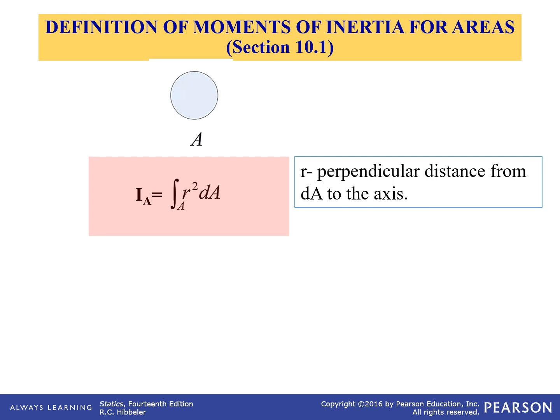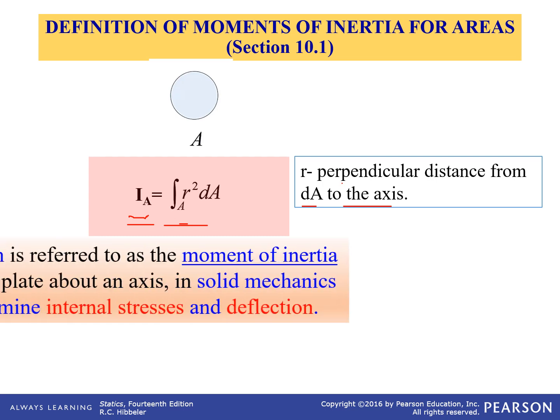Let's take a look at this definition. Again, I sub A means the area moment of inertia, or the moment of inertia of area, which is the integration of r squared. r is the perpendicular distance from the differential area dA to the axis. Again, it is calculated about a specific axis. When we choose different axes, you have a different value.